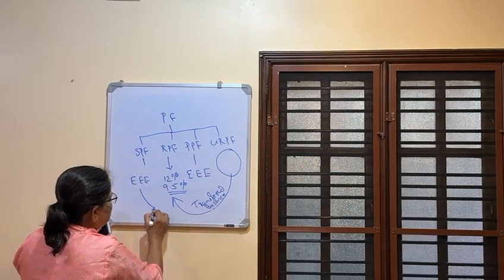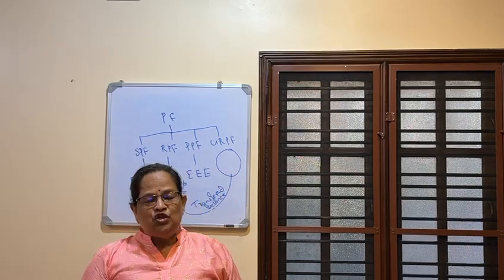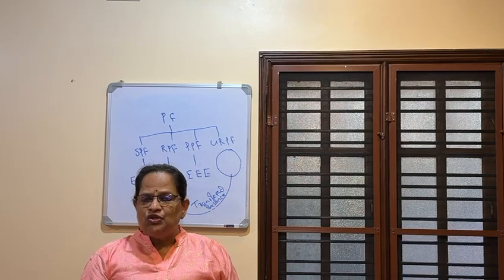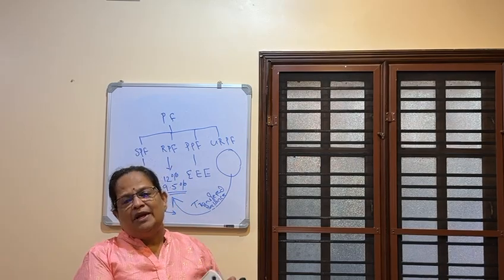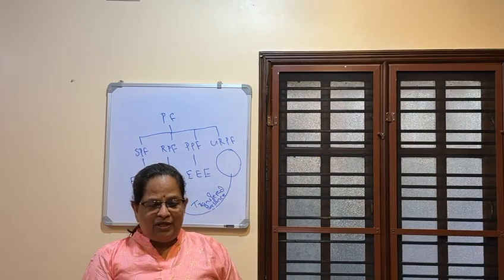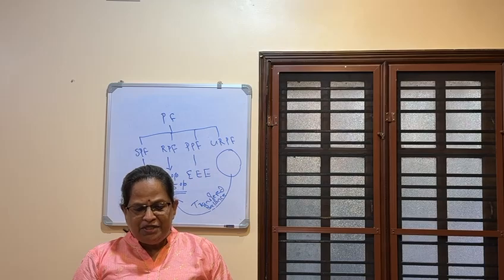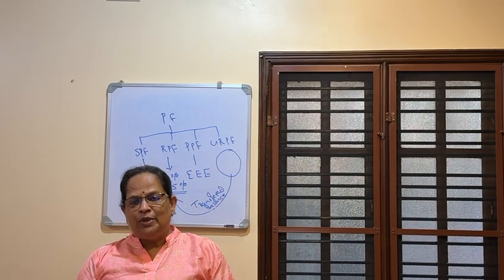Either this is one thing. Otherwise, from statutory provident fund or recognized provident fund, when you are changing the job after 5 years, when you are going to a new organization, then also this transfer can happen from one provident fund to another, or from one organization to another organization. So the term transferred balance refers to accumulated balance in a provident fund account that is transferred from one fund to another.